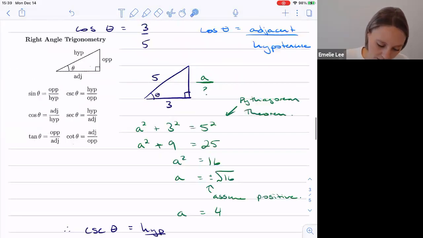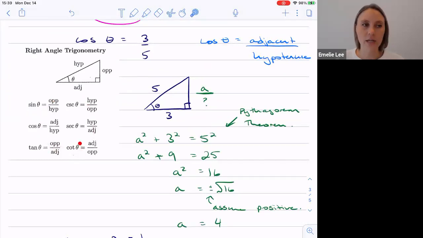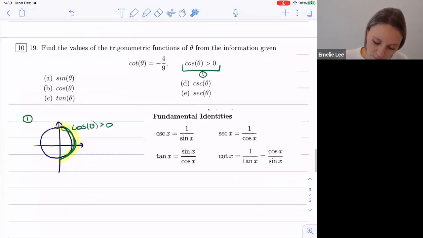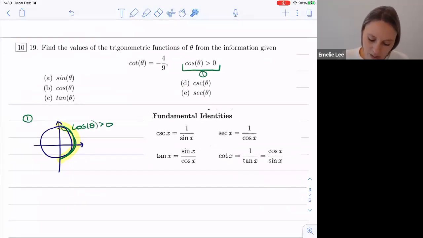If you wanted to just use these, you can. I just find that it's a little bit more of a leap. So just looking here, I know that the cotangent of theta is the cosine of theta over sine theta.